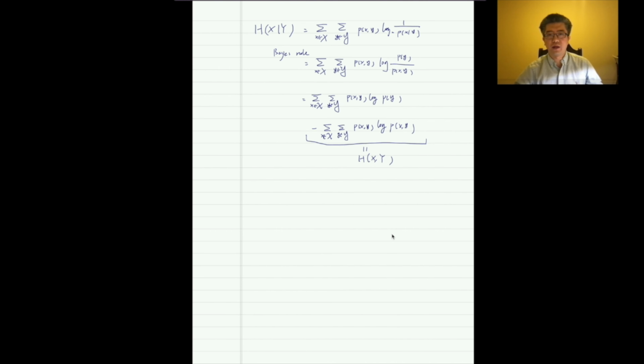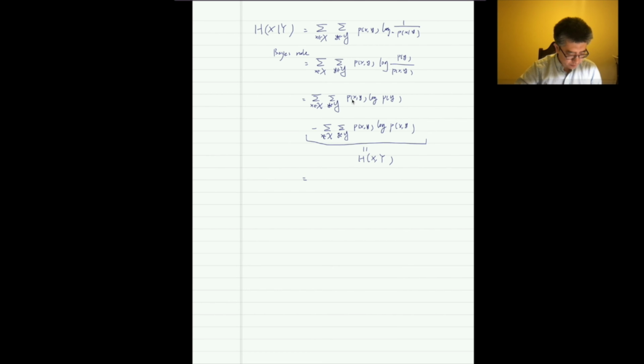Okay, so now let's see what this guy is. Here is a summation over both x and y, but here it is just y. So if we take the sum over x, we get the marginal distribution, or the marginal PMF, right?